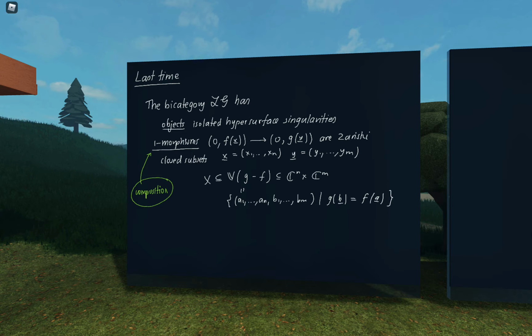We'll say more about the two morphism story later, and for now I want to focus on sketching at least. I won't even define how to compose one morphisms, but I'll try and give you some flavor for what is interesting about that, and especially I'll focus on a computational point of view. So today, what is the geometric and perhaps also computational content of this composition?